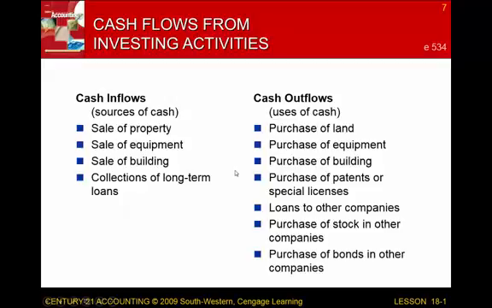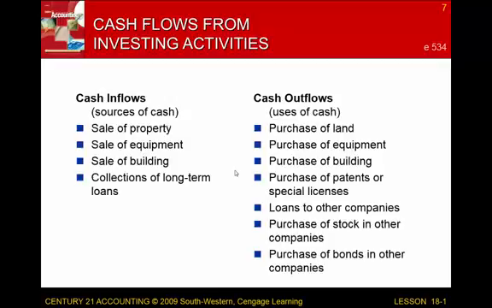When we take a look at our next one, our cash flows for investing activities, cash receipts and cash payments involving the sale or purchase of assets used to earn revenue over a period of time are going to be considered investing activities. And here we have a series of typical activities that could be included in investing activities. Examples are going to be purchasing of buildings or furniture so we can conduct business operations.